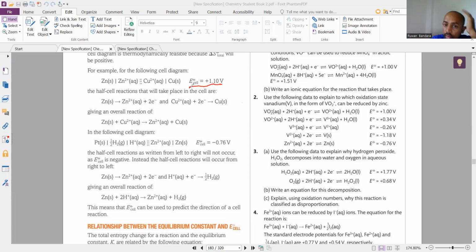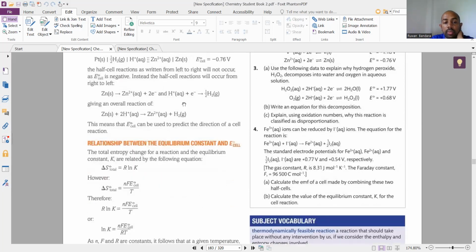That's what happens. Simple thing, right? And also in this reaction, E naught cell is negative. The forward direction will not take place, but the backward direction will be taking place.